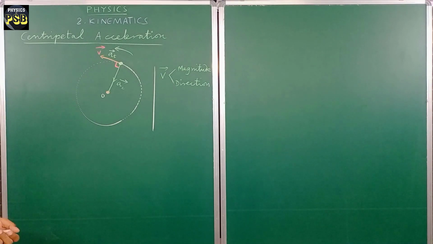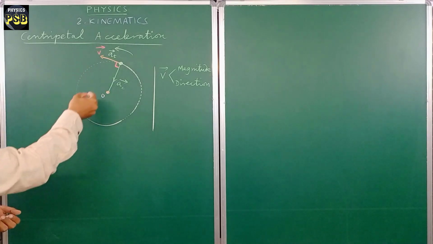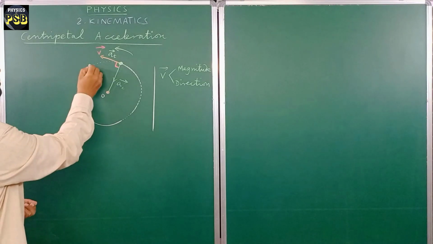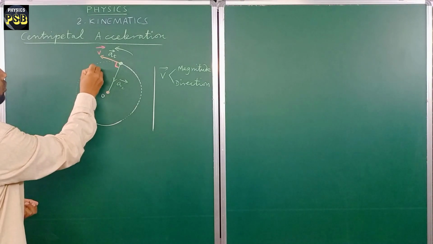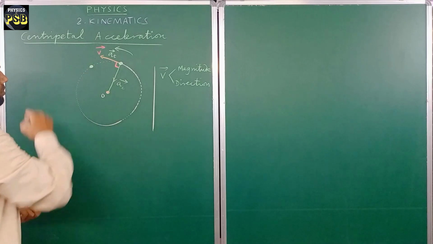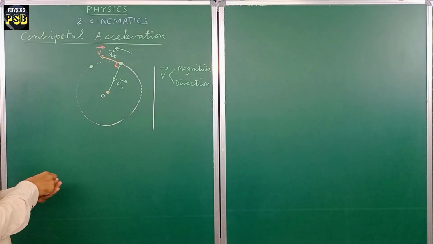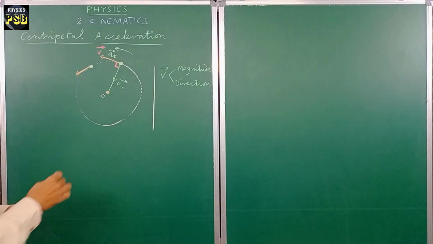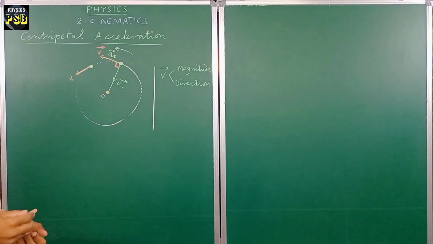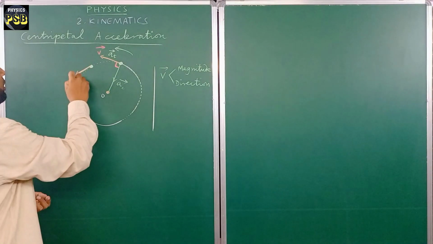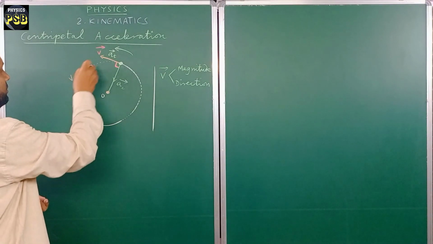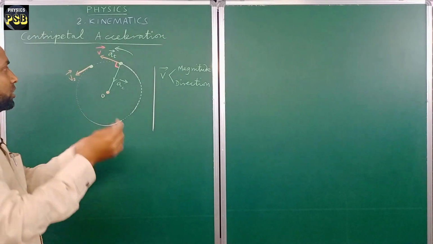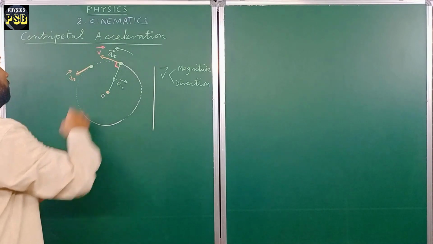Now take for one instance that the object has shifted to a new position. This is the new position of the object after some time. Here the tangent again provides the velocity vector. I take this as v2 vector, and just to show the difference, I take this one as v1 vector.